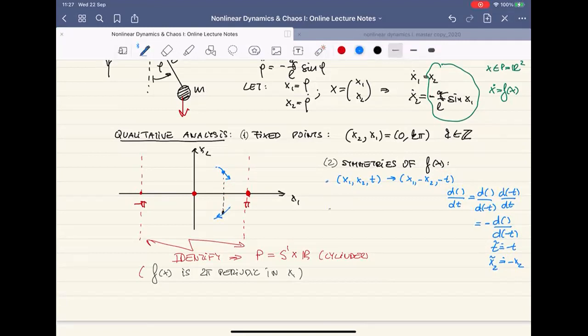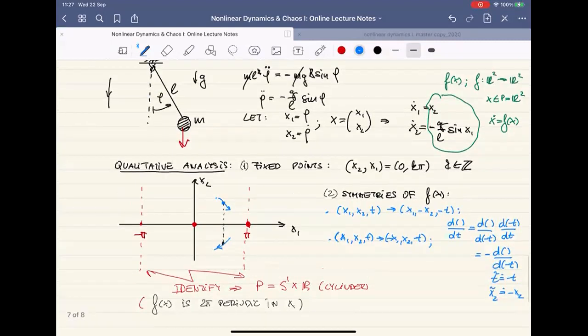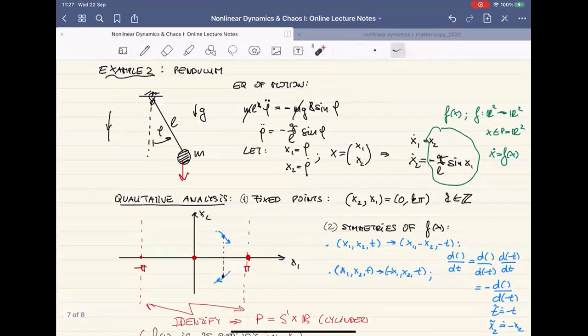And there's another symmetry. You can also swap x1 to its negative counterpart, and time. So that's the second symmetry. Is that really true? Let's check. So here's my equation of motion. I swap x1 to minus x1, but I swap time.